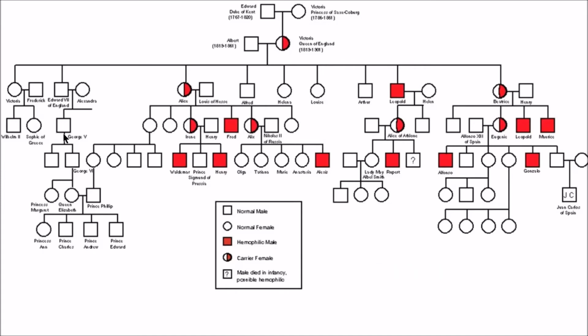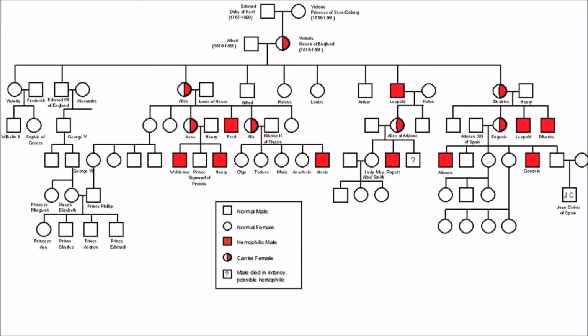Okay, so hopefully you've seen that the only people who have haemophilia are males, all right, and the only people who can be carriers are females. So that tells us that this is an X-linked disorder, because females can be carriers and they can have two X's, whereas males can't be carriers and they don't have two X's, they only have one X. Okay.